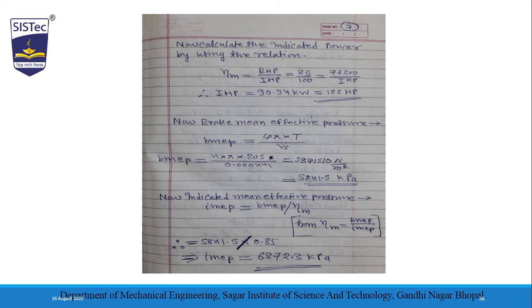So calculating that, we find the answer is around 687.2.3 kilopascal. This is the indicated mean effective pressure, and it is calculated on the inside of the combustion chamber, that is the top of the cylinder. So it is always higher than the brake mean effective pressure.